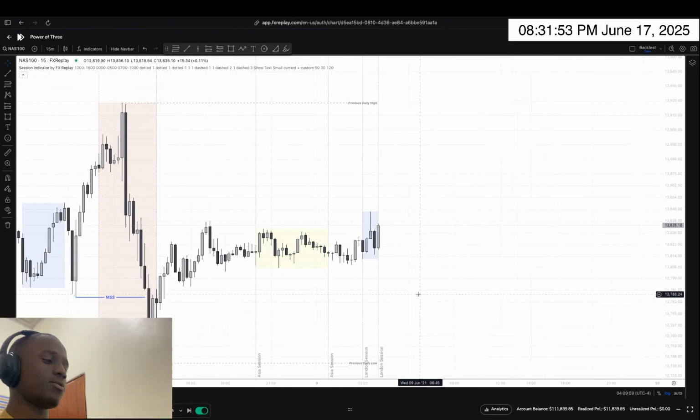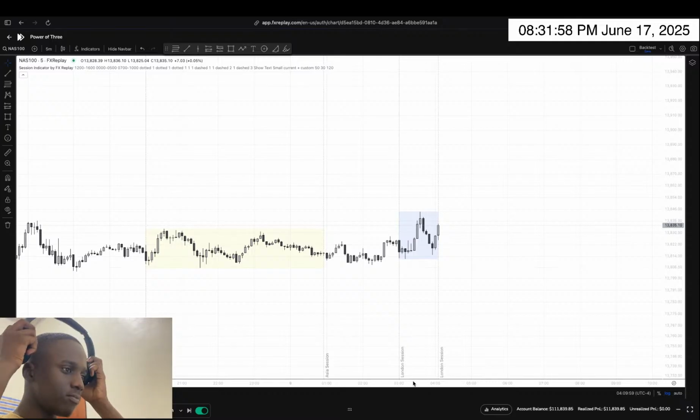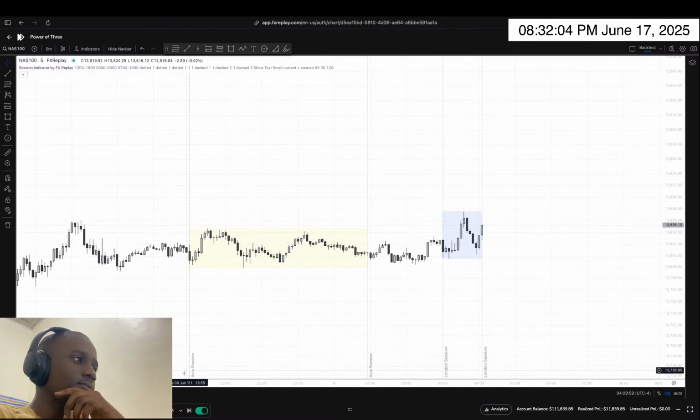As London opens, you can see that we have nothing big so far. Let's see if we get the Judas swing maybe to the downside.